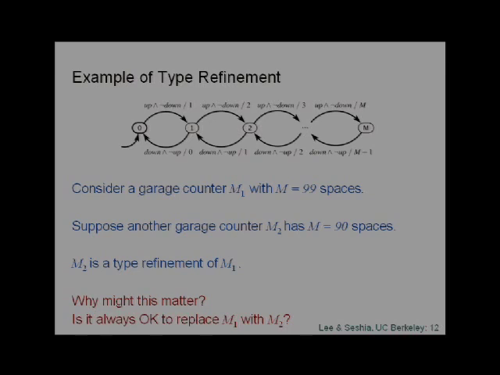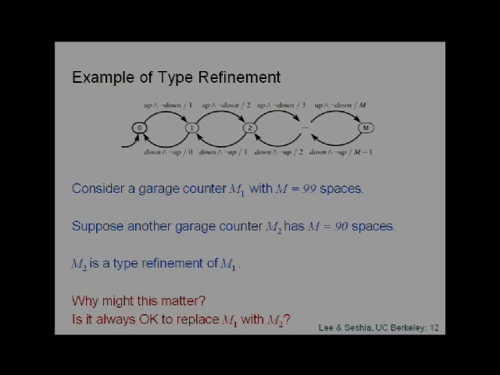And the set of output values of M2 is a subset of the set of output values of M1, right? And so this is the condition that we had here. For every output port, the set of output values of M2, the replacement, has to be a subset of the values of M1, right? So all of those conditions are satisfied. So M2 is certainly a type refinement of M1. Okay.